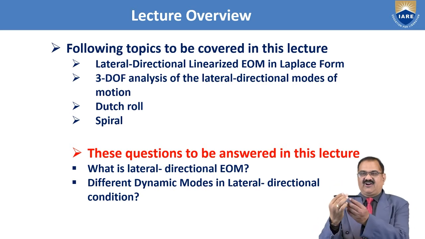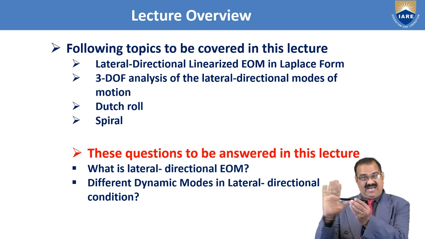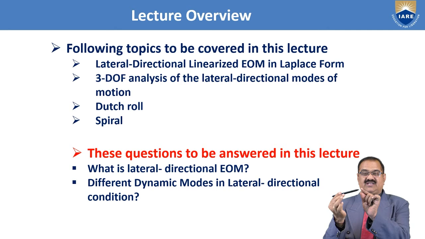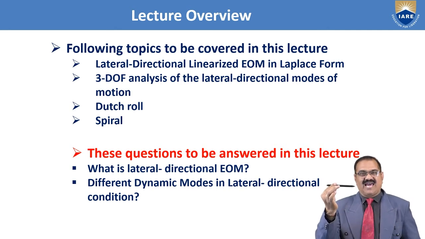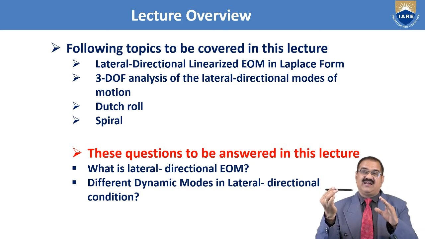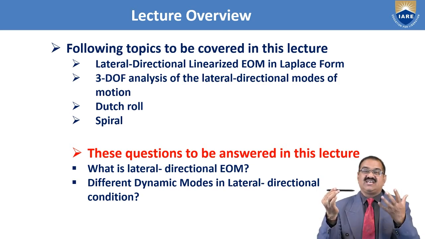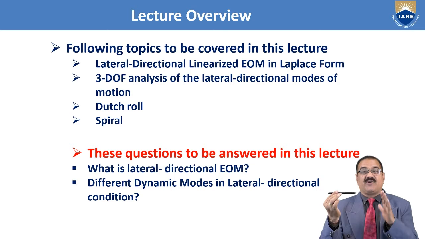If the aerodynamic center is behind the center of gravity, the aircraft will have a nose down tendency. If the aircraft has the nose down tendency, it means Cm alpha, dCm by d alpha, is negative. And the second condition is Cm naught should be positive.